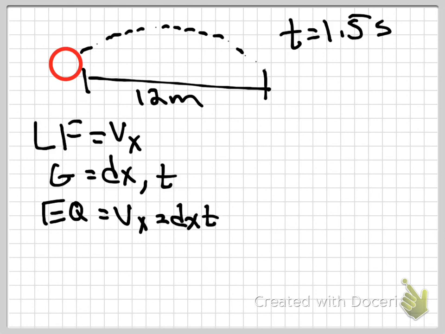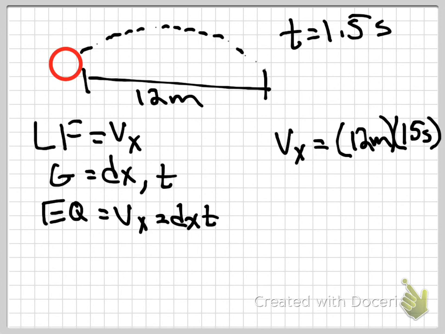Let's solve for it. Vx equals 12 meters. Come on, Mr. Perlstein, use your units, times 1.5 seconds. And that's going to equal, I made a mistake.